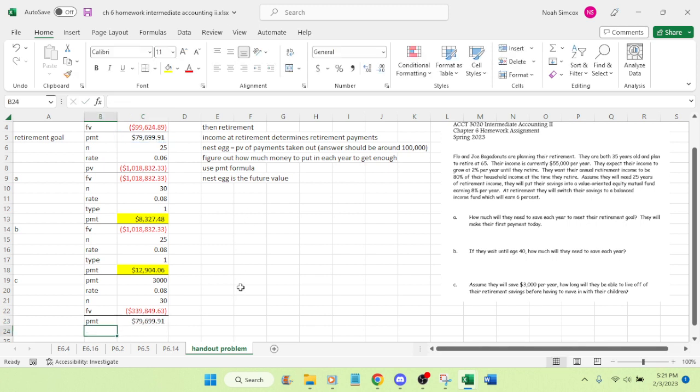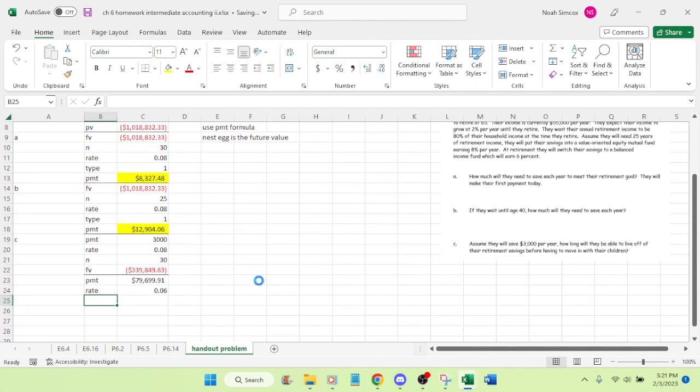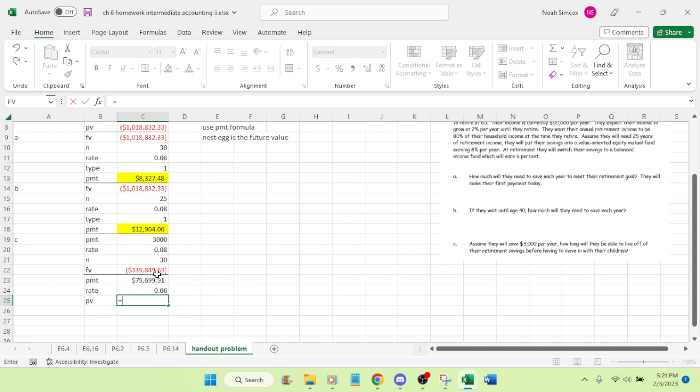And they don't know the number of years. The rate is going to be 0.06. And what's the number? Present value is this. The payment is this, and the rate is this.